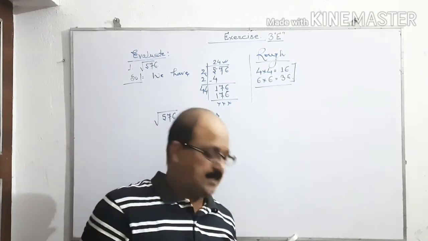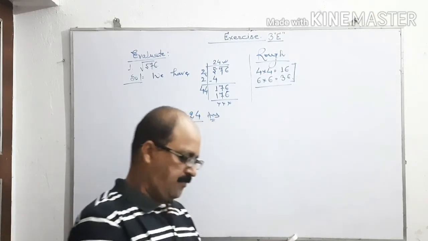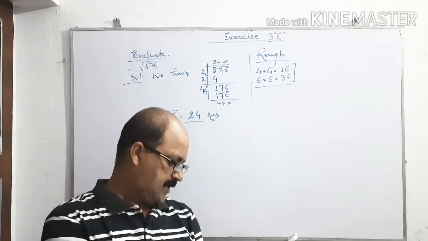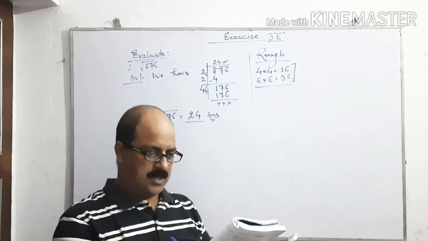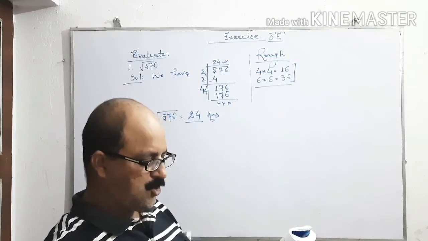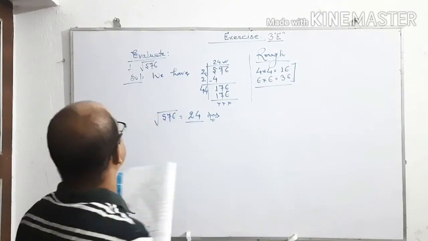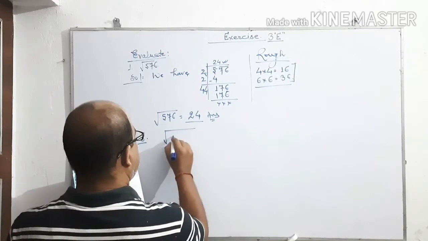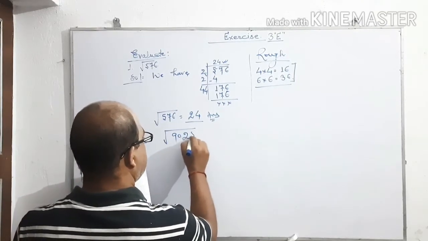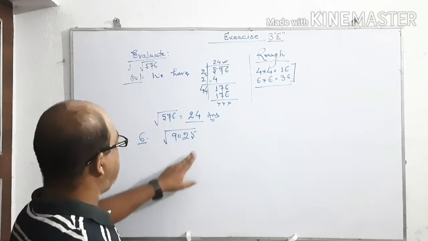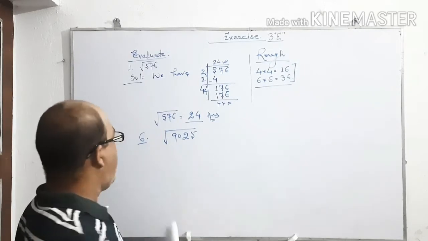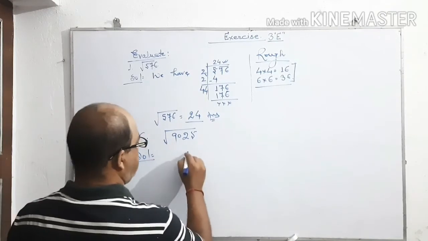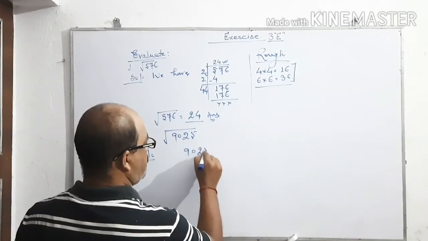The next question is question number 6. Root under 9025. Here we see there are 4 digits, so make pairs from the beginning.